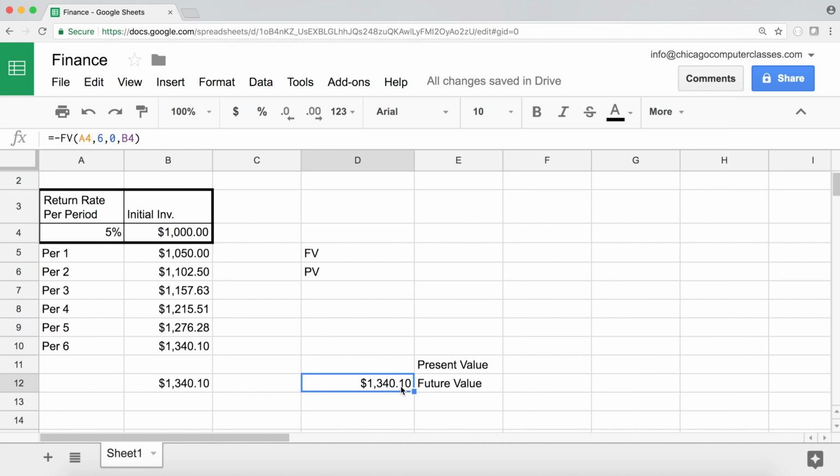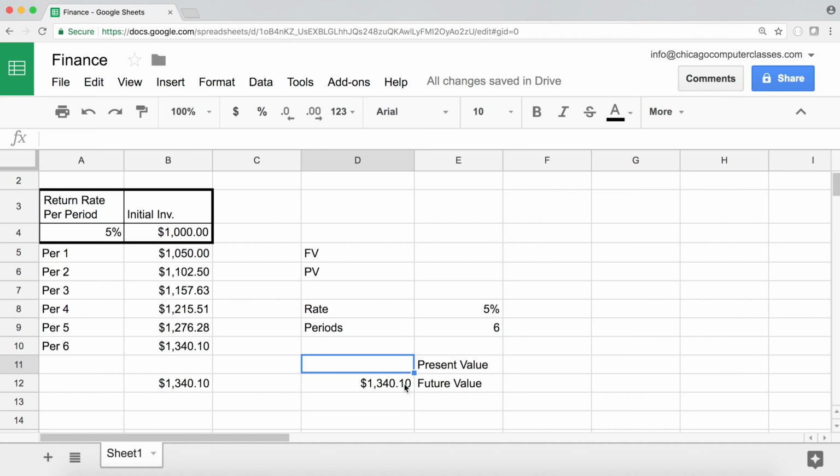And we know that we made a 5% return on our investment per period for 6 periods. So we want to know if we had, let's just type periods 6, and rate was 5% of our return per period, right?